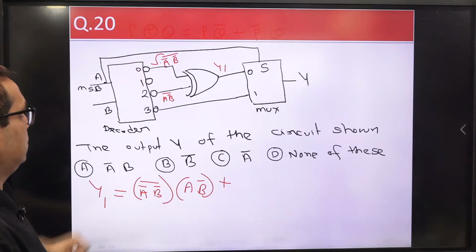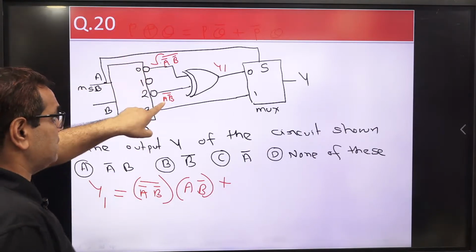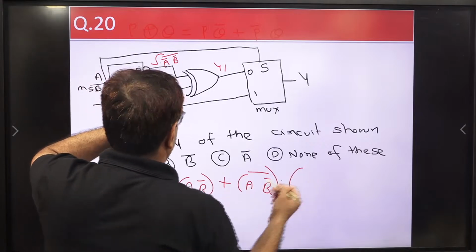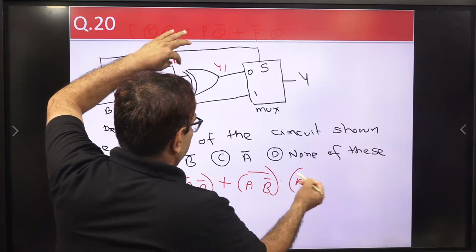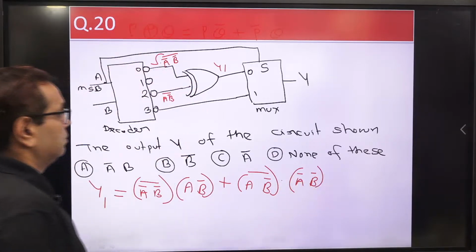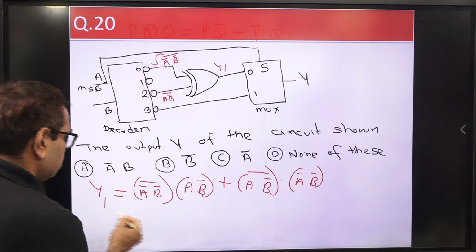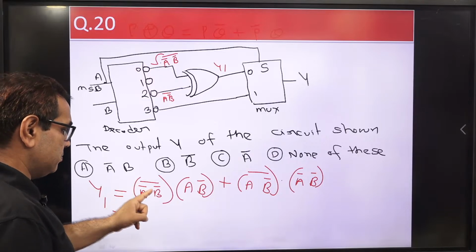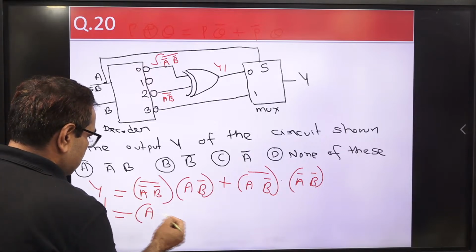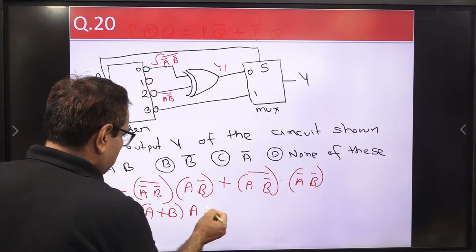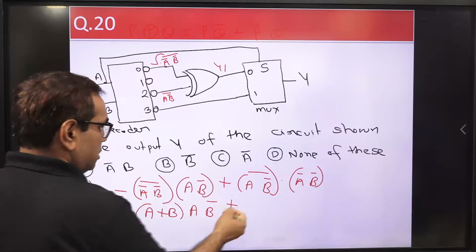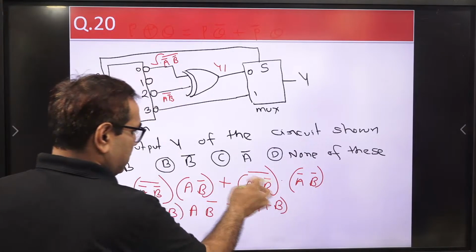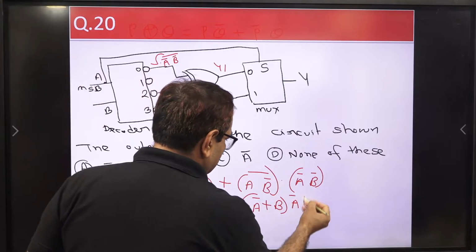now this, that is A B bar whole bar, into its complement, that will become A bar B bar, because the bars will get cancelled. Using De Morgan's theorem, A bar B bar whole bar is A plus B. So it is A plus B into A B bar, plus A bar plus B into A bar B bar.